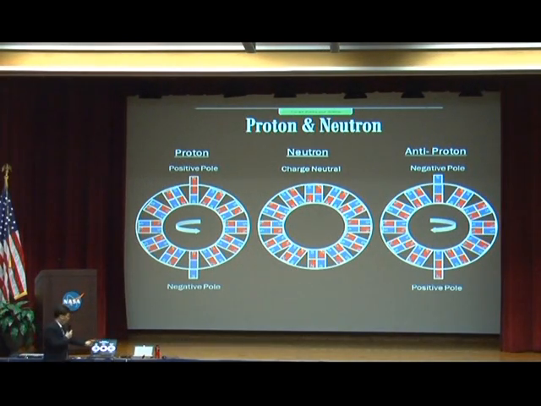The entire nucleus is just the size of the atom size. But it has to follow a certain law, because opposite poles attract, same poles repel. When you program this, you get a proton, a neutron, an anti-proton. So basically, these are all fundamental building blocks. From there, we can create the entire universe of elements.